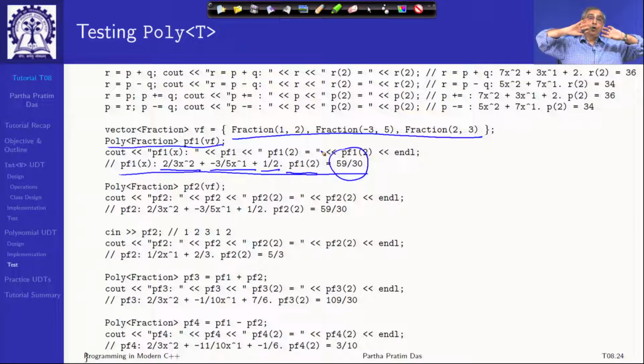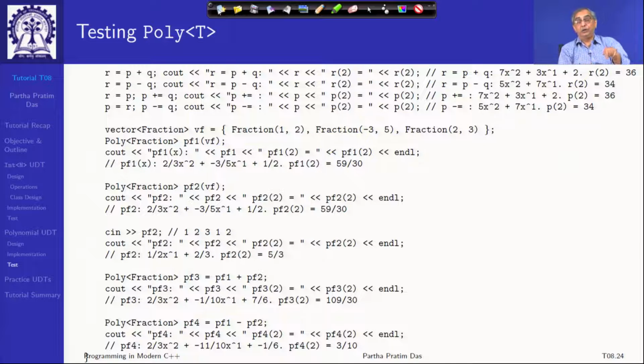So, you can see that we had built a fraction class, a fraction UDT, to operate only with fractions. We have built a polynomial UDT to operate on polynomials of various types, and now we are using the fraction in a polynomial. So, I can have a polynomial with fractional coefficients and fractional value.